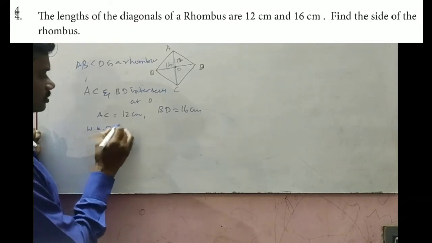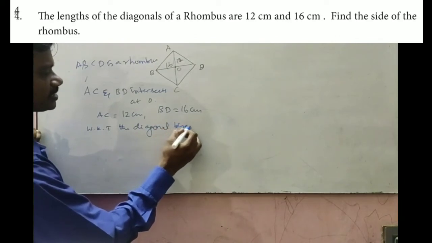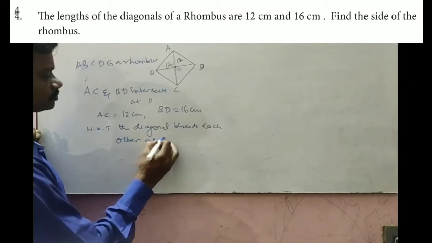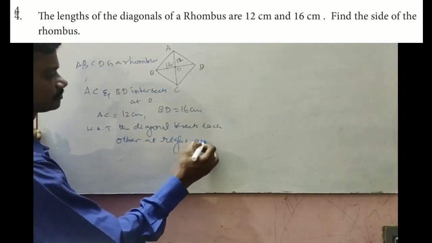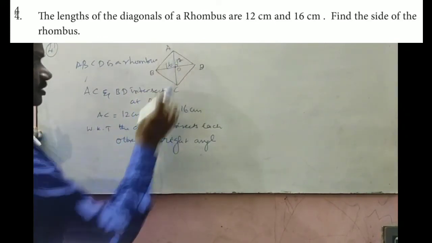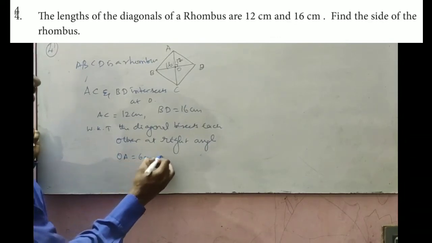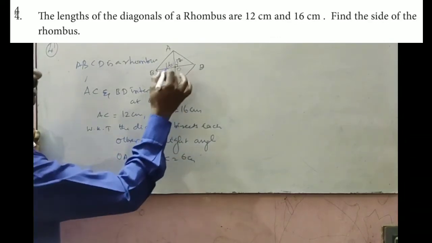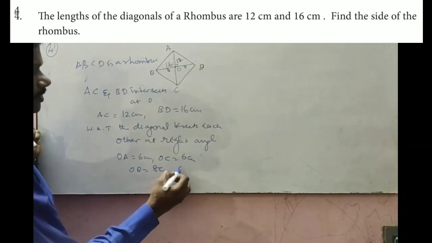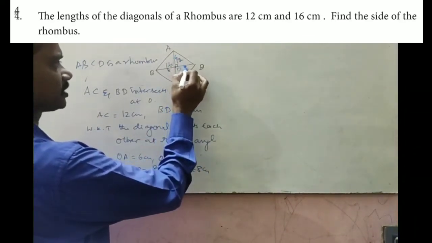We know that diagonals bisect each other at right angles. So this will be a right angle, and this 12 cm is split into 6. So OA equal to 6 cm, OC equal to 6 cm. Like that, here OB equal to 8 cm and OD is also 8 cm. Here 6 and here 8.